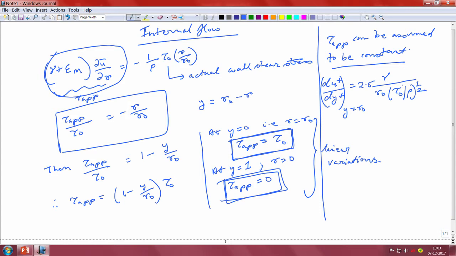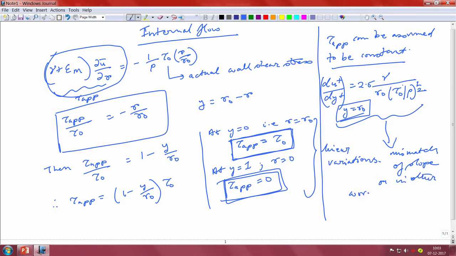Based on this analysis, one interesting feature that you see over here is that there is a clear mismatch of the slope at the center line, because it tells you that there is a finite slope at the pipe center line, because y equal to r naught is basically that.